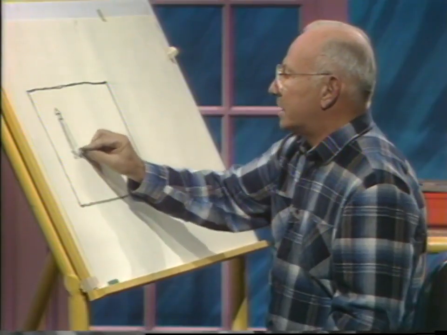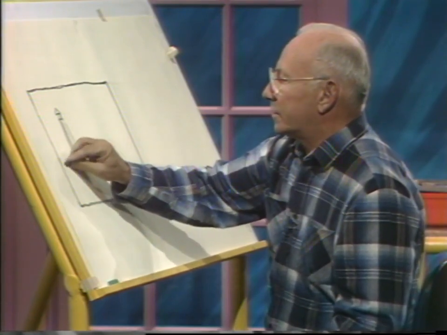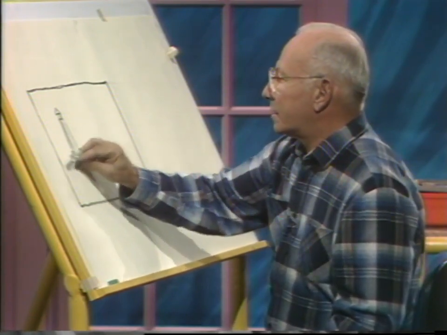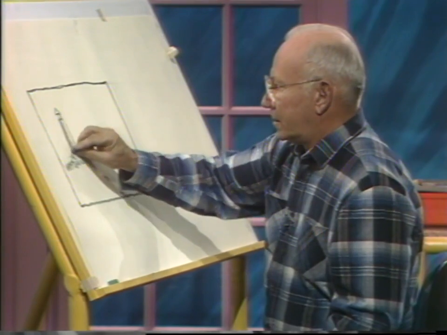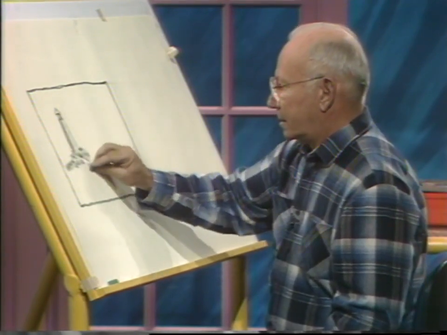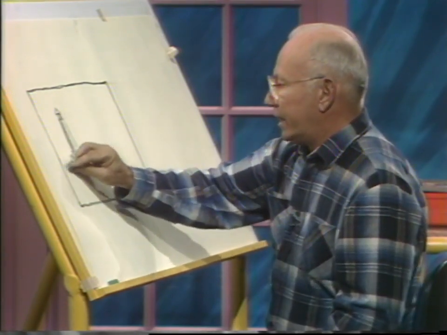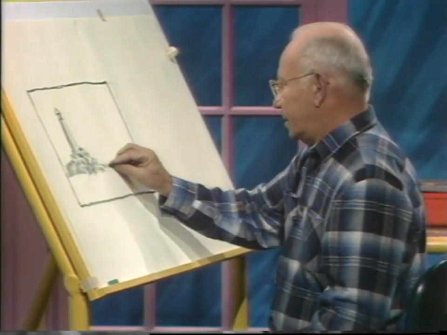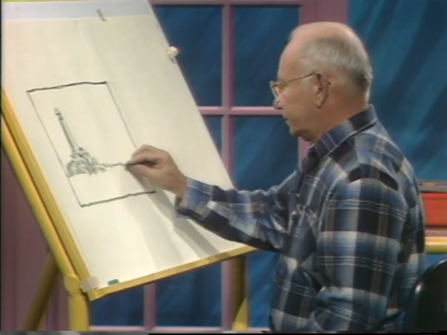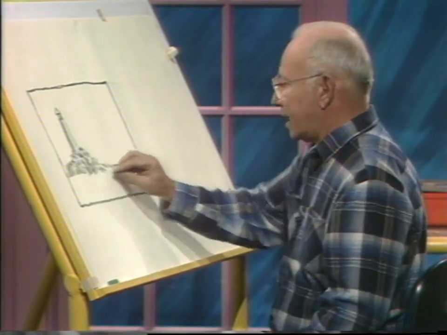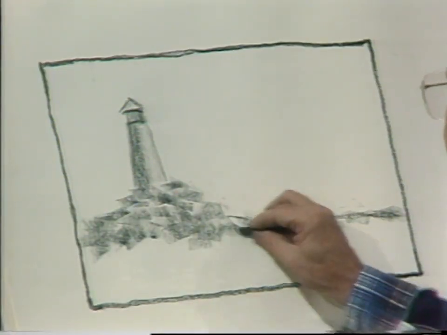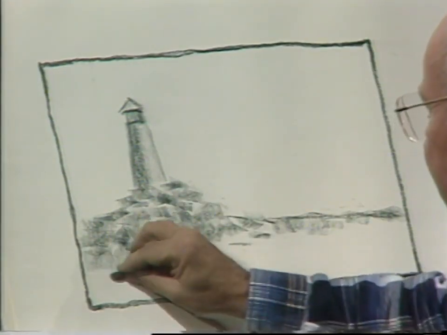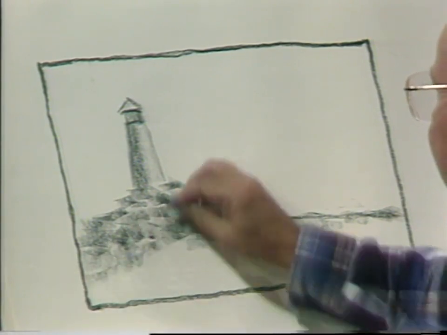Now that will be the center of interest of my picture. And I'm putting subdominance here, rocks, minor elements out to the side. I'm thinking about balance and other principles of design.